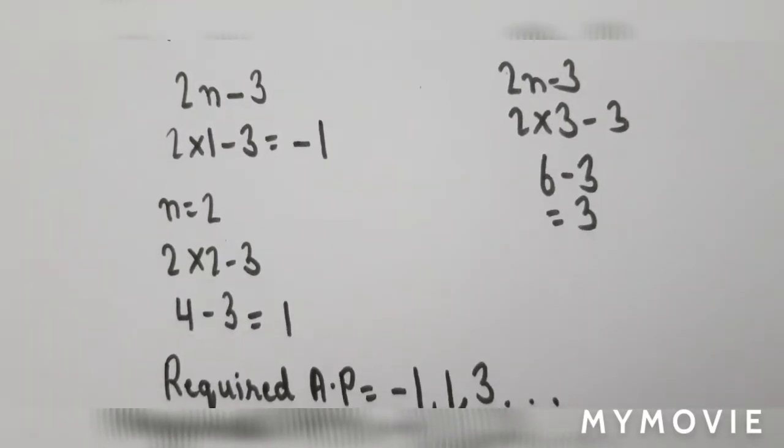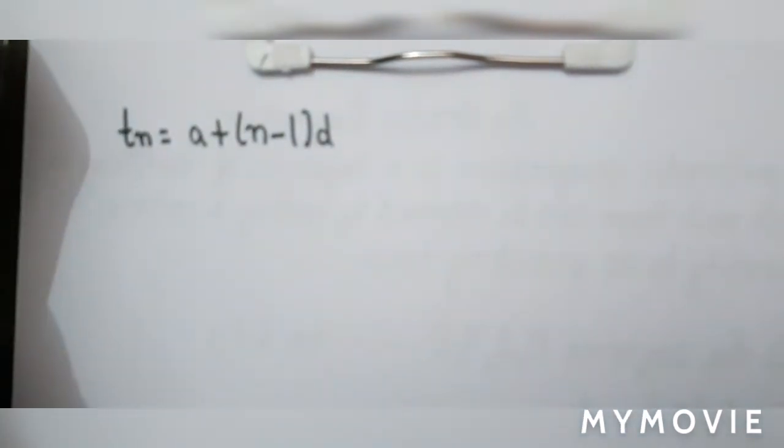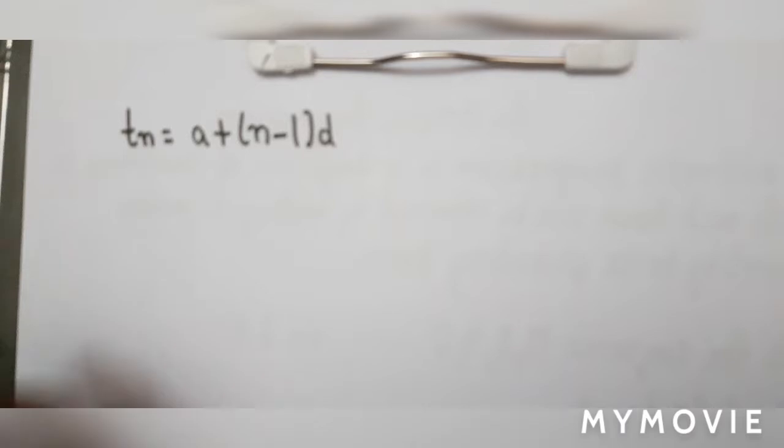Before moving to the next question, I will tell you a formula. So friends, the formula is Tn is equal to a plus n minus 1 d.